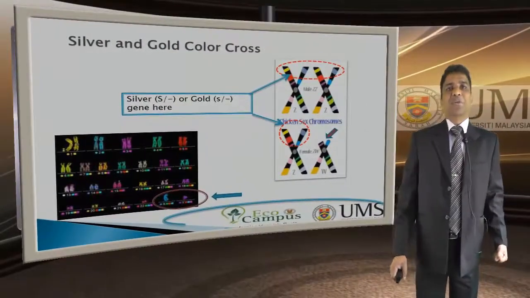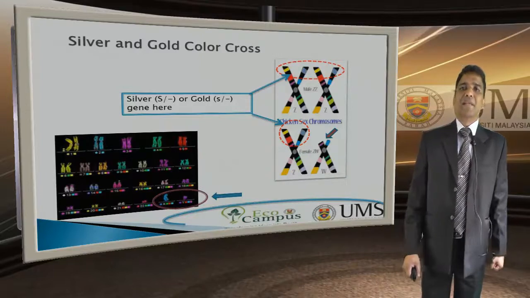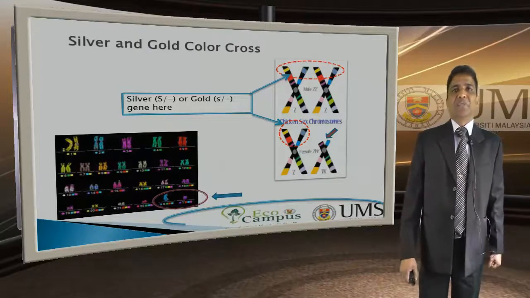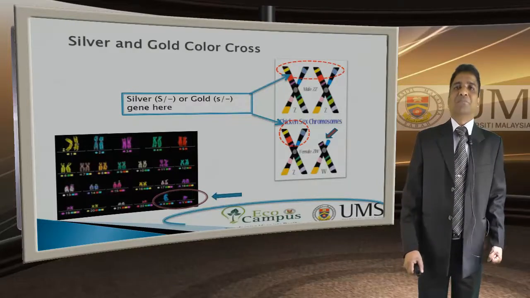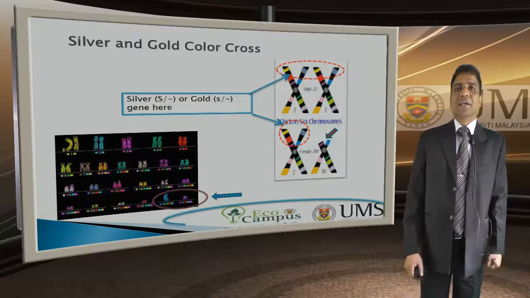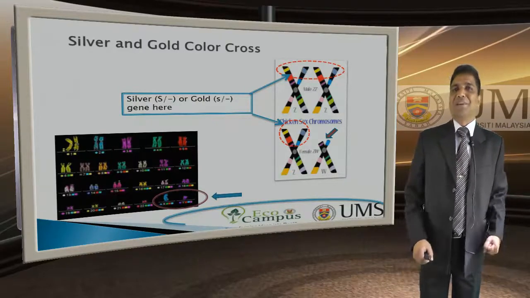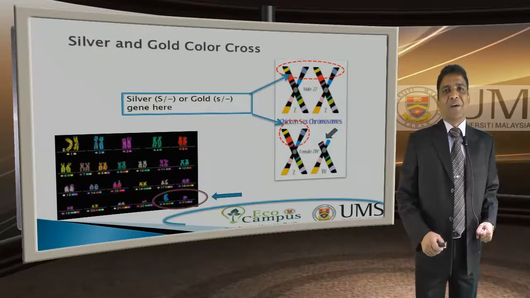So when you do the crossing, what actually happens? In the male, as the genotype is homozygous, both chromosomes are equal in size. But in the case of the female, it is heterozygous. Not only that, there is a difference in the length of the chromosome.